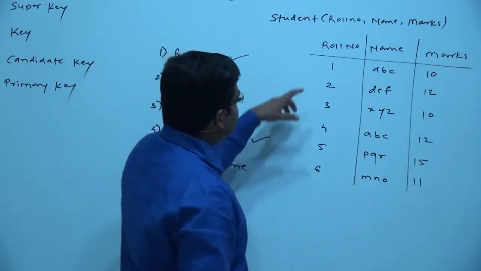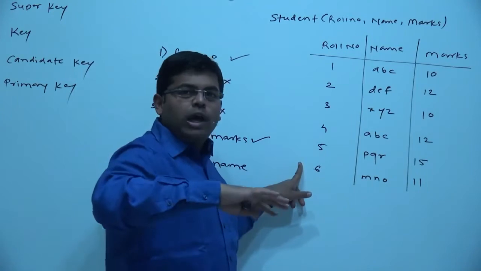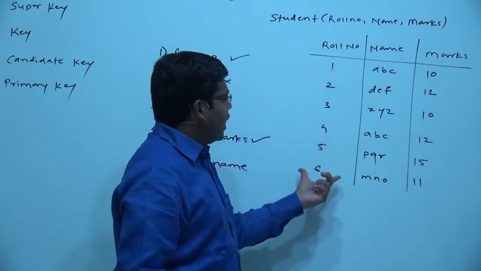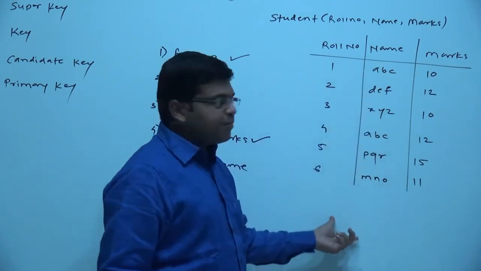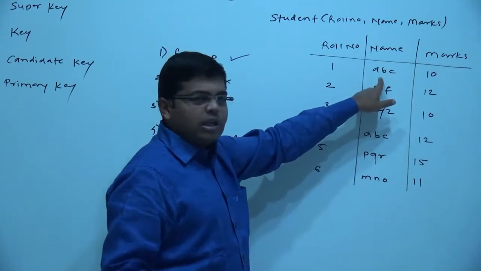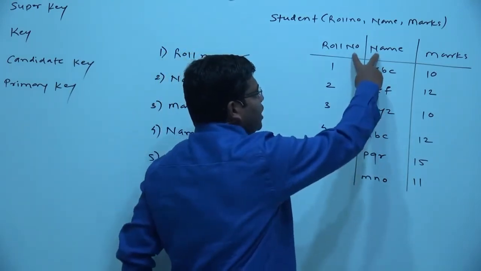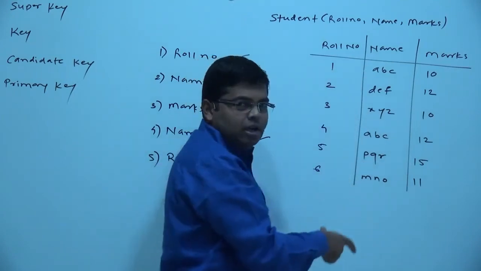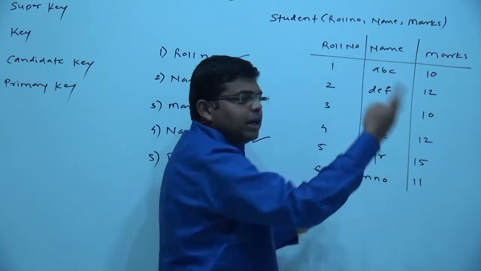Or what we can say here, because roll numbers are not repeating, roll number alone has got distinct values in all the rows, and therefore the combination of roll number and name will also be unique. See, when roll numbers are unique and you combine roll number with name, the resultant combination will also be unique. The combination of roll number and name will repeat only when roll numbers can repeat. If roll numbers are not repeating, then the combination of roll number and name cannot repeat.